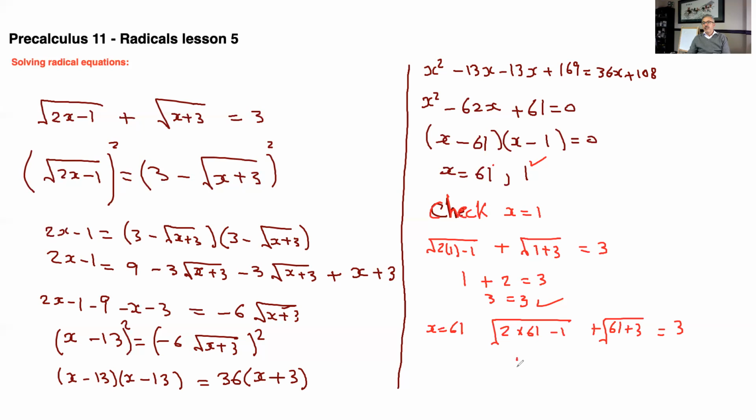Square root of 121 is 11. Plus that's 64. Square root of 64 is 8. Equals 3. 11 does not equal 3. So this here is an extraneous root. So the 61 is extraneous root.